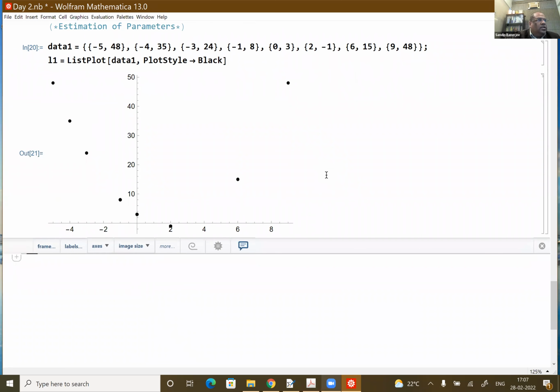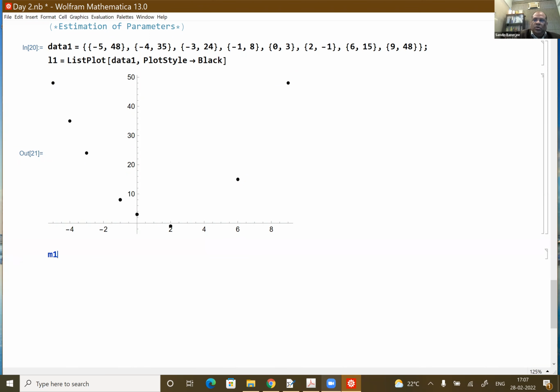What I need is a function that will fit this data to a function. Now, from the data, I had a feeling that it looks like a parabola. So I choose the function.